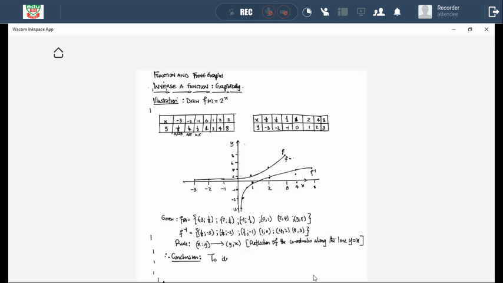To determine the inverse of a drawn graph, one should reflect the drawn graph along the line y equal to x.